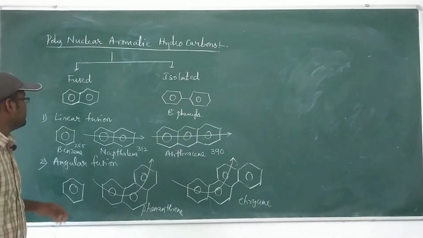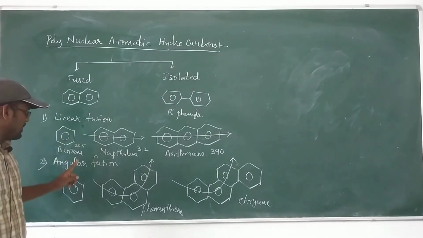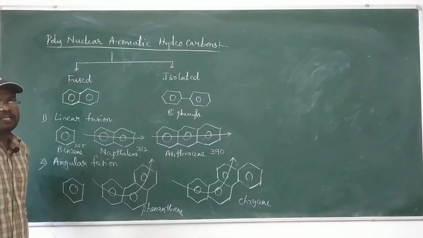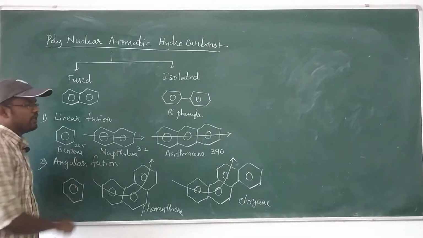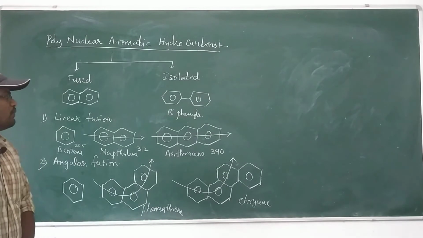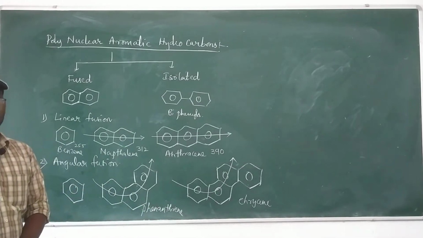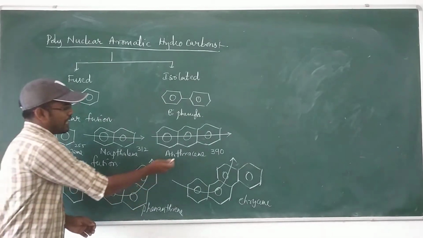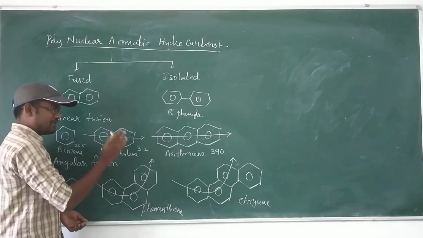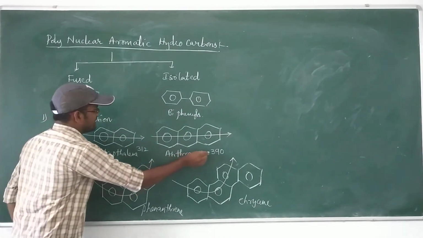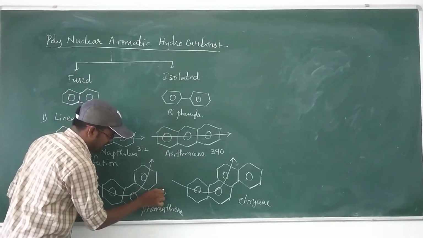Now let me compare lambda max values of linear fusion and angular fusion polynuclear aromatic hydrocarbons. Linear fusion compounds have higher lambda max values than angular fusion ones. Anthracene has three rings, phenanthrene also has three rings and the same number of pi bonds. Anthracene gives 390 nanometers, but phenanthrene gives approximately 350 nanometers.